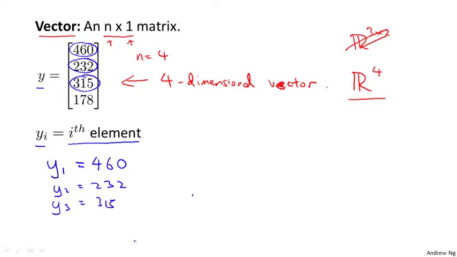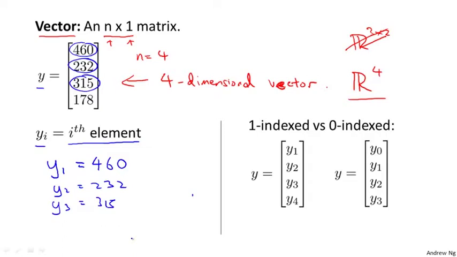Also, it turns out that there are actually 2 conventions for how to index into a vector, and here they are. Sometimes people will use 1 index and sometimes 0 index vectors. So this example on the left is a 1 index vector where the elements we write as y1, y2, y3, y4. And this example on the right is a 0 index vector where we start the indexing of the elements from 0.